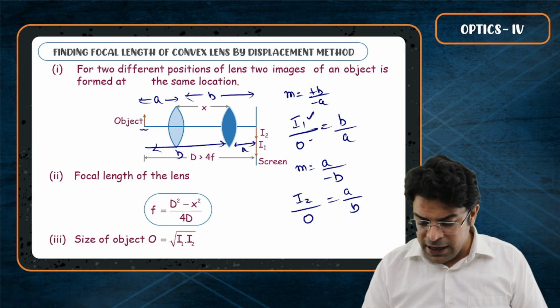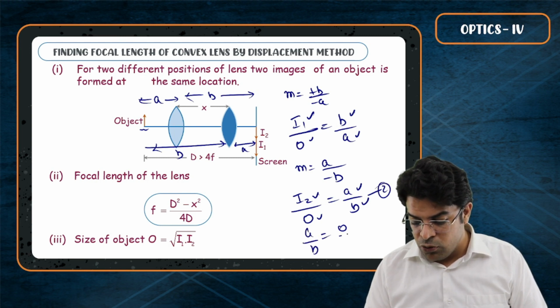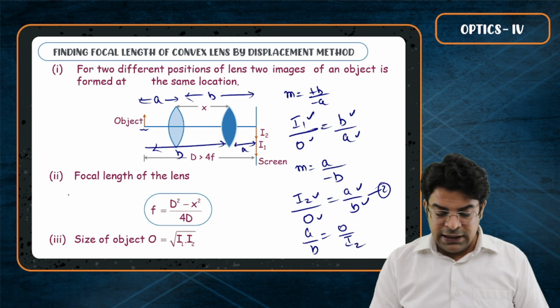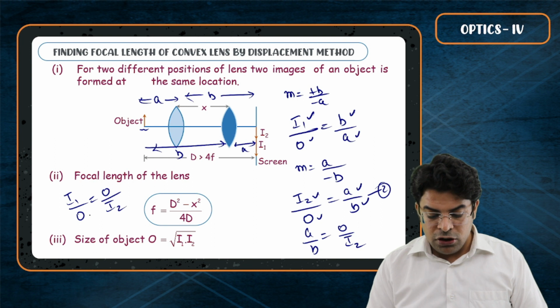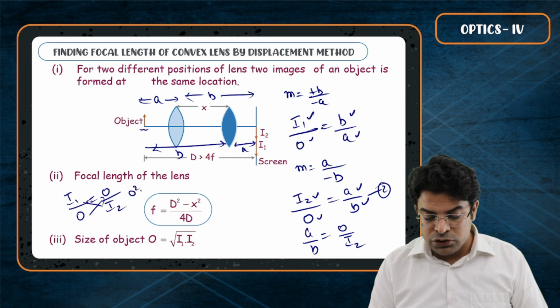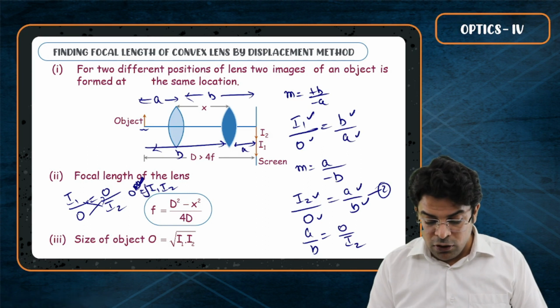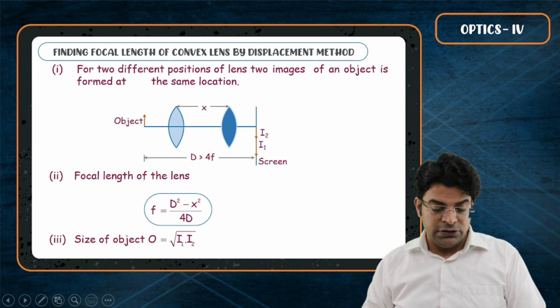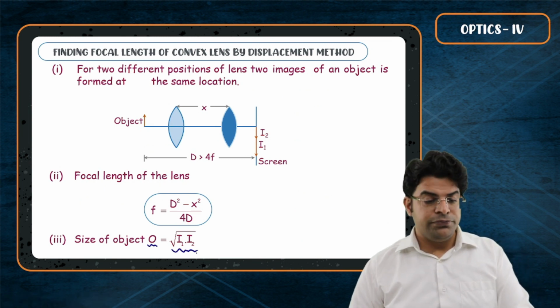So I1 by O equals B by A, I2 by O equals A by B. If you flip the second equation, you will say that A by B equals O by I2, or you can say that I1 by O equals O by I2. Cross multiply, you will get that O square equals I1 I2, or the length of the object is nothing but the square root of the product of the lengths of the two images. So size of the object equals root I1 I2.